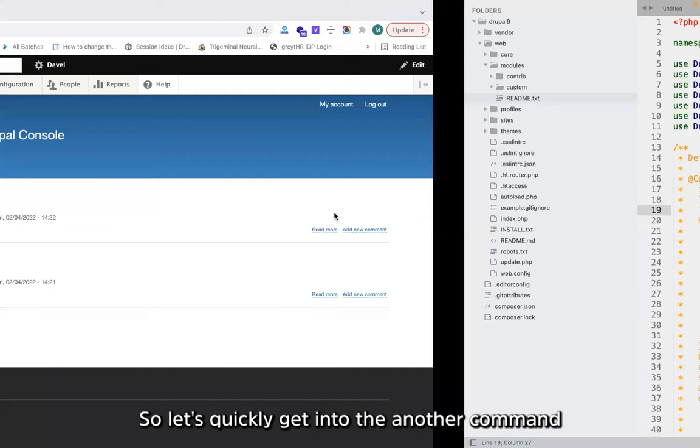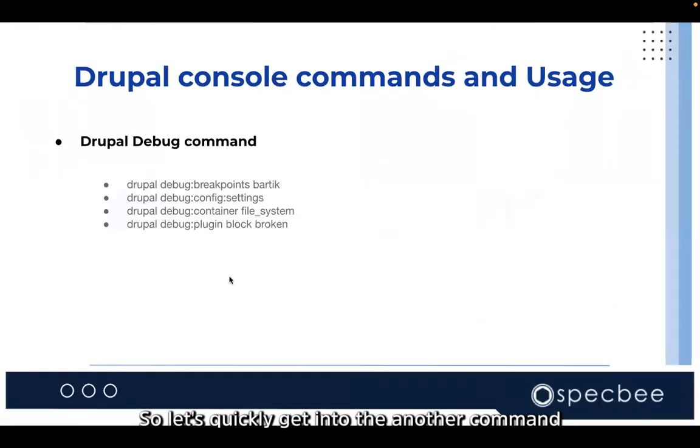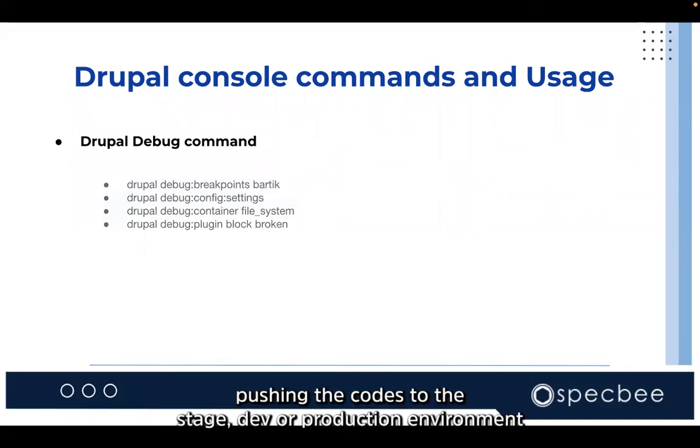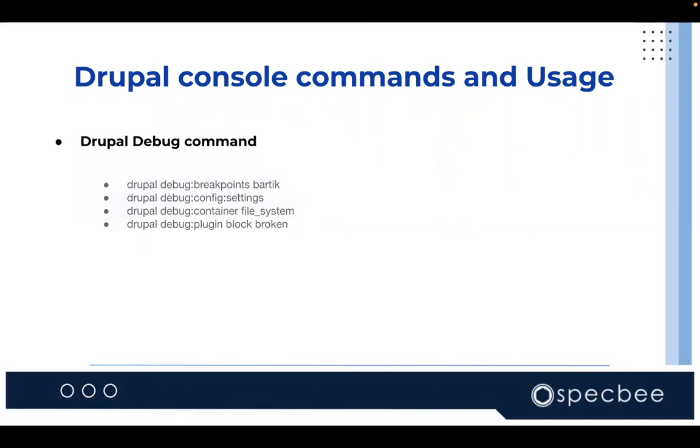Let's quickly jump to another thing. Another command is debug plugin block broken. Most of the time we have seen that during migration, or when pushing our code to the stage, dev or production environment, sometimes simple blocks or basic blocks are not introduced in the config, so they break on the server.